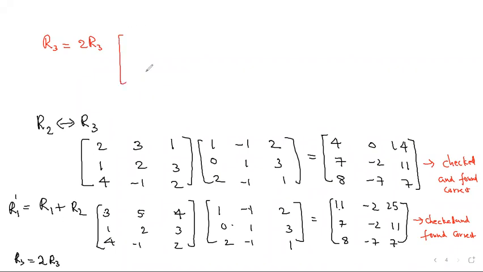Okay, I'll do one thing. I'll write the original terms with the black. So no change to this. Change occurs here. R2 is twice, so it became 8 minus 2 and 4. No change here.